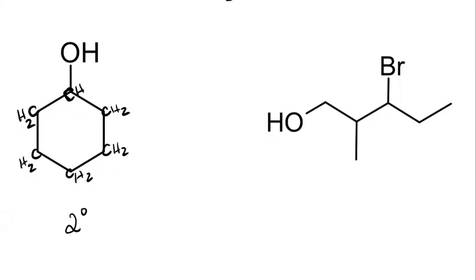Let's look at the next molecule. In the next molecule, let me write in the carbons and hydrogens. This is a CH2, this is a CH, this is a CH3, CH, CH2, CH3.